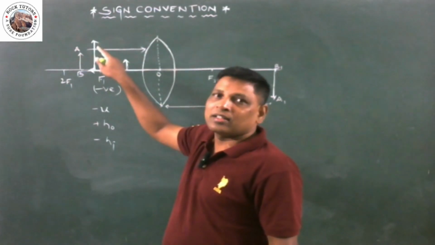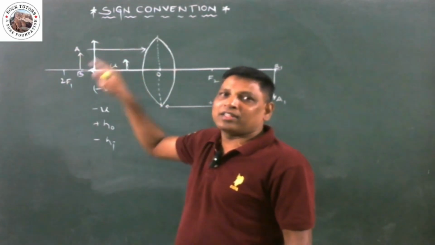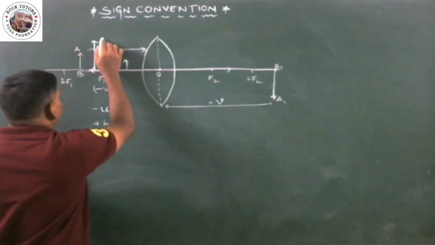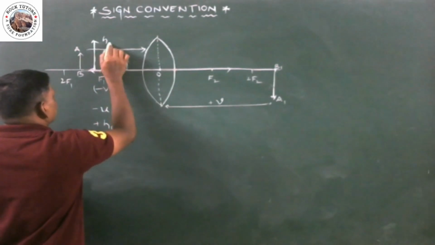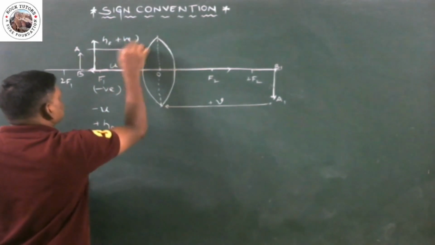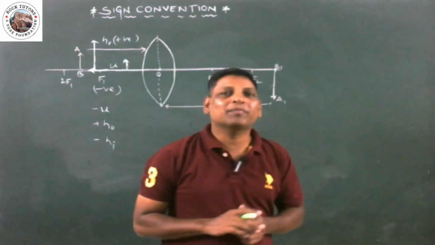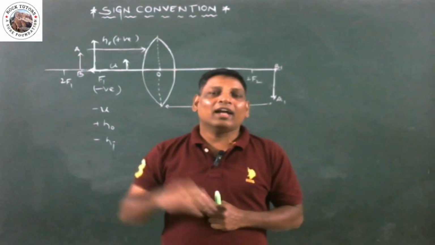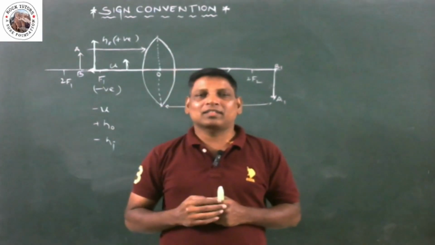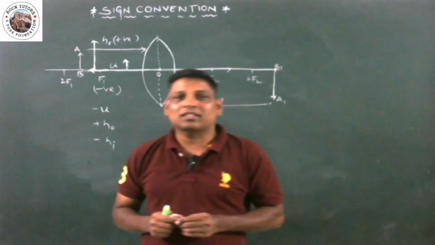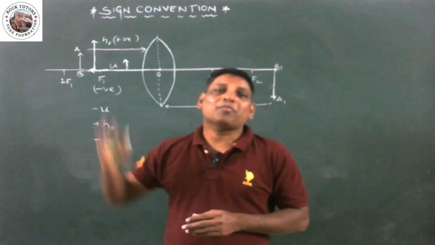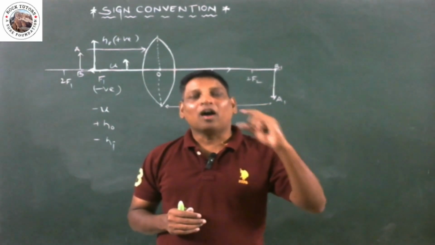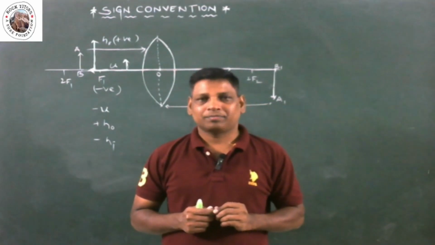In this case, the height or size of the image is positive. Remember, virtual images are always erect and form above the principal axis. That's why for all virtual images, the height of the image will be taken as positive.